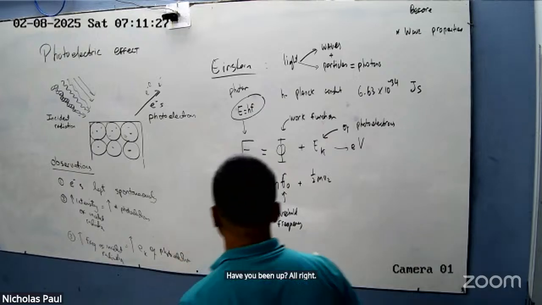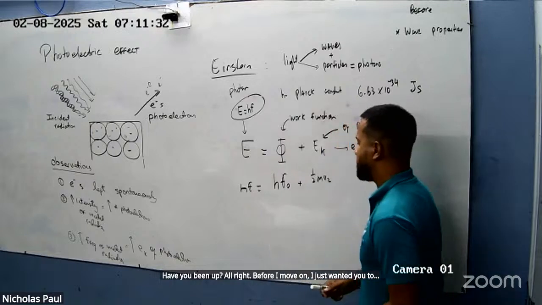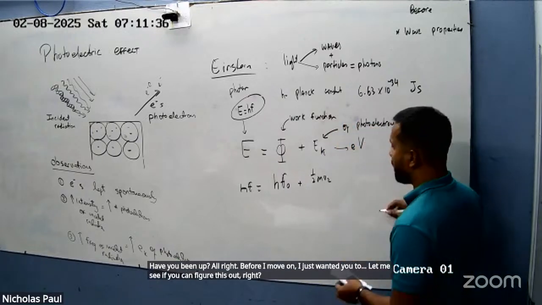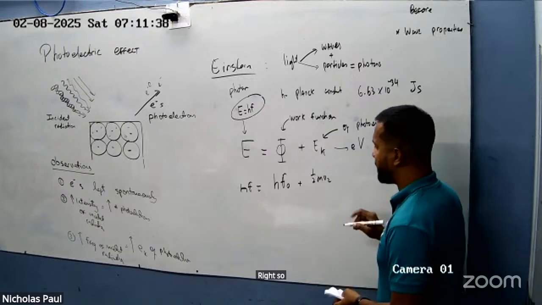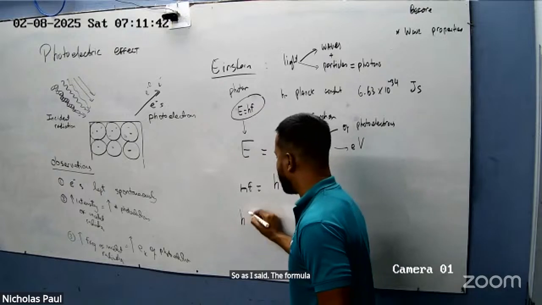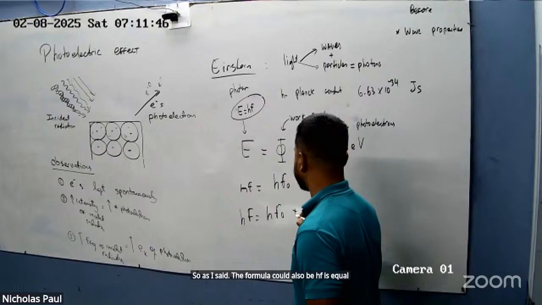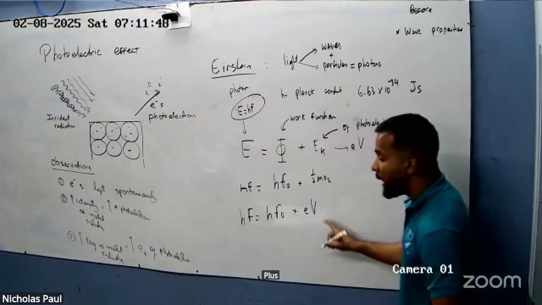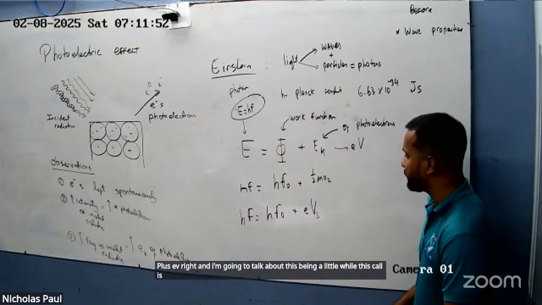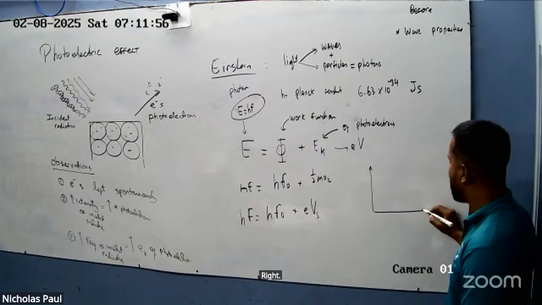Before I move on, let me see if you all can figure this out. As I said, the formula could also be HF is equal to HF naught plus EV. And I'm going to talk about this V in a little while. This V is called the stopping potential. Here's a question.